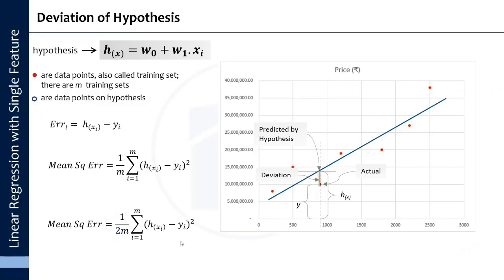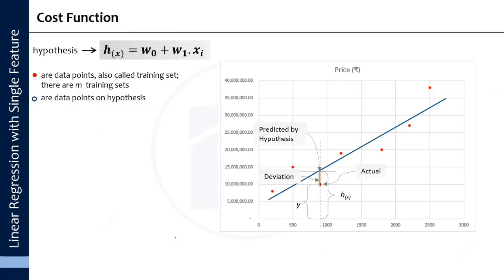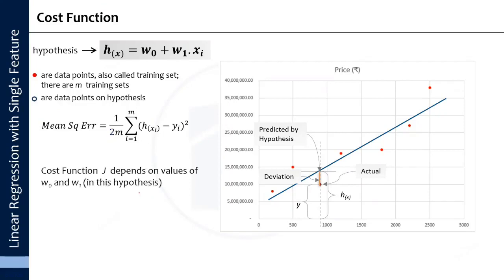Now let's go to the next slide and see that this mean square error is actually called the cost function in machine learning terminology. The cost function, also called J, depends on the values of W0 and W1, the intercept and the slope. The cost function is written as J(W0, W1) equal to 1 by 2m summation i equal to 1 to m of (h(x) minus y) squared.